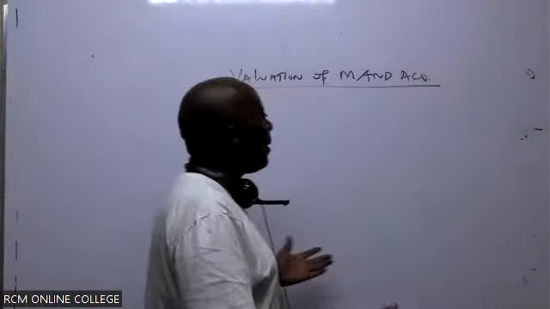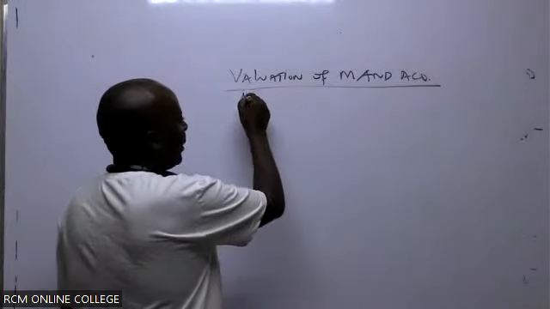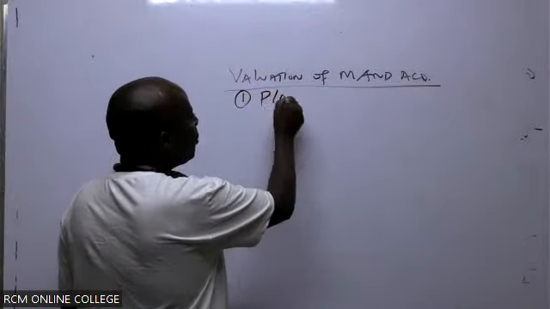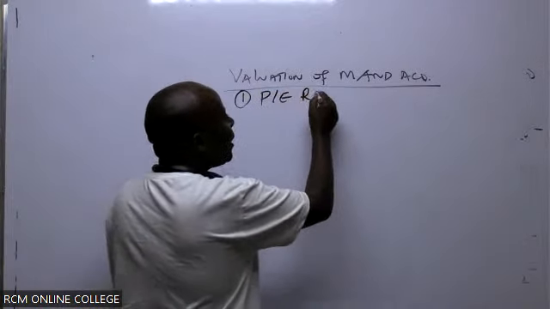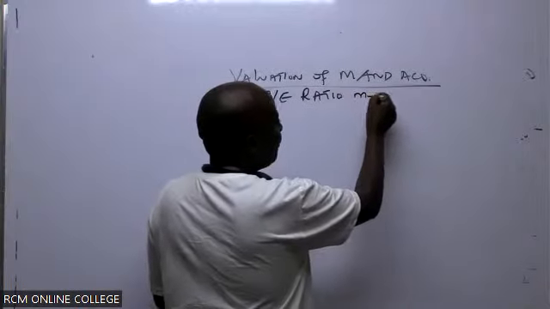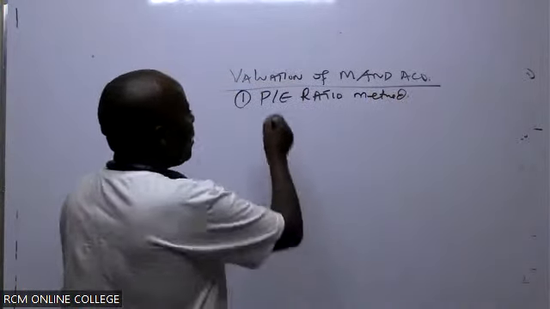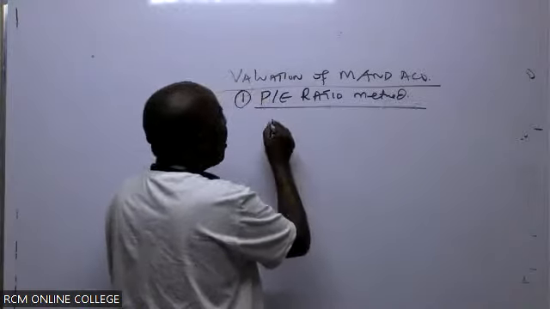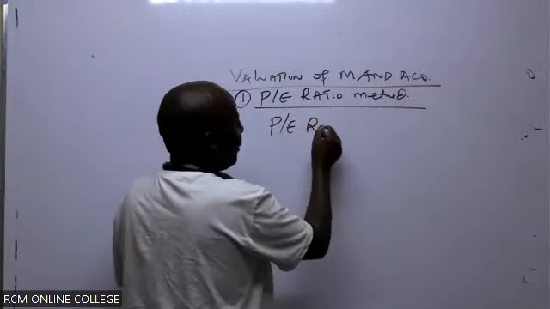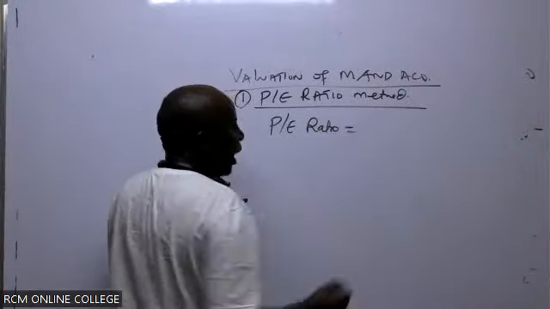So we have very many methods for valuing these mergers and acquisitions. One of the methods is what we call the PE ratio method. If you can recall, is there anybody who is able to remember the PE ratio formula?